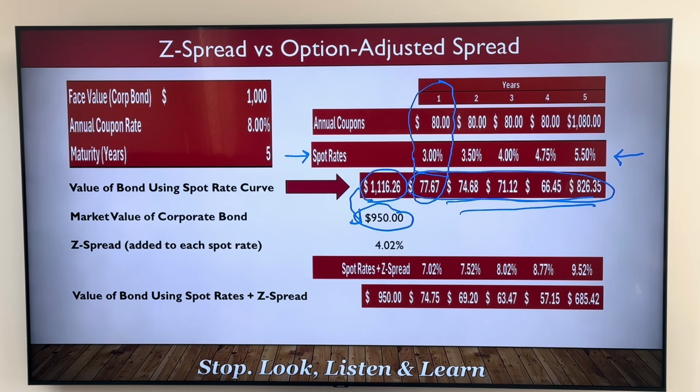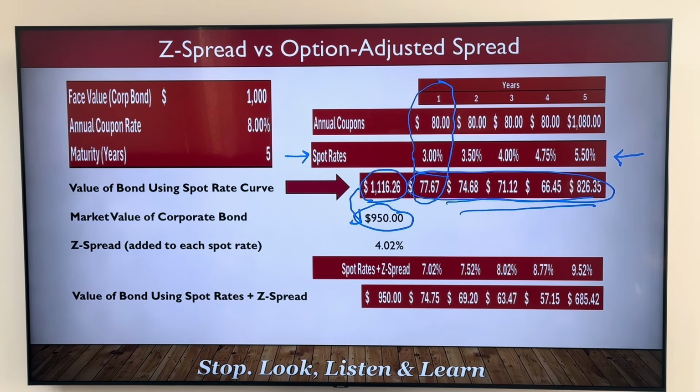So the reason there's a discrepancy between the value of the bond that is calculated utilizing the spot rate curve and the market value of the bond is because we are using essentially government rates or rates that would be applicable to risk-free bonds to value a risky bond. And as a result, the value that we get using that method is going to be more than what the value of the bond is in the marketplace.